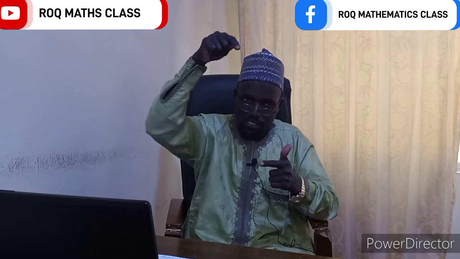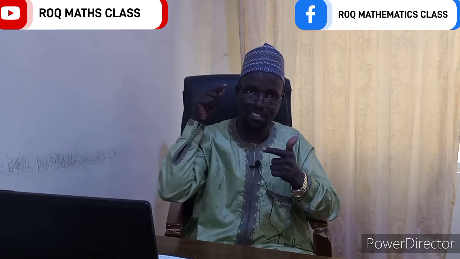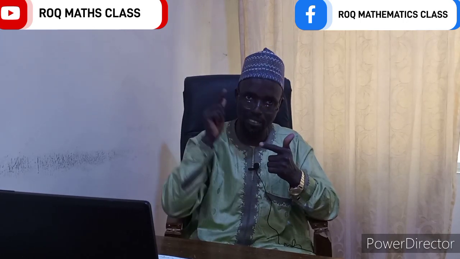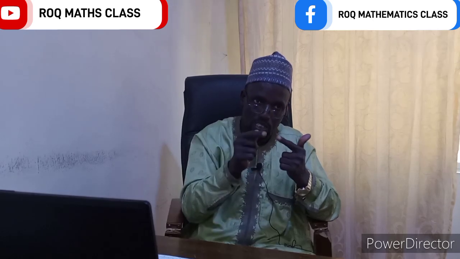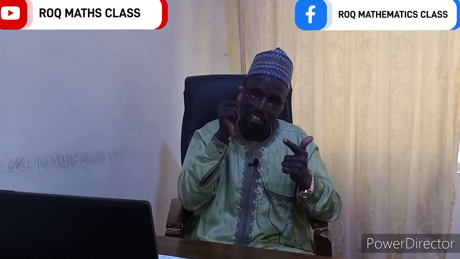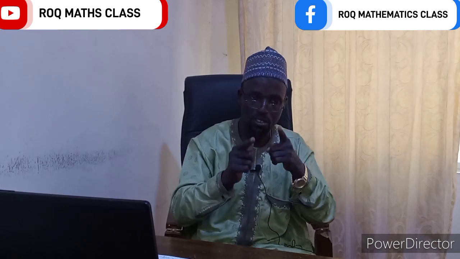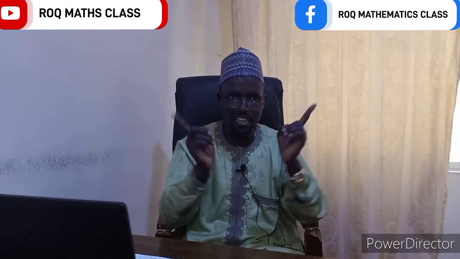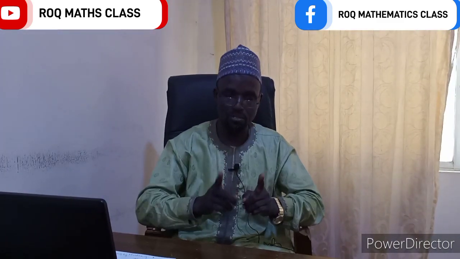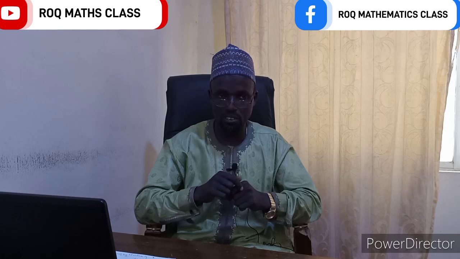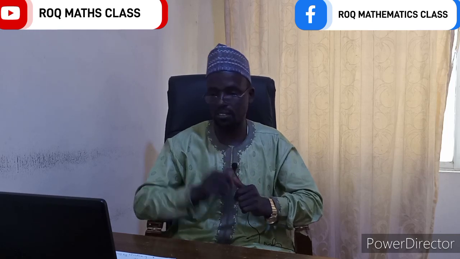So you must face the Qibla either at the east, if the Qibla is at the east, or at the north, if the direction of the Qibla from your position is at the north, or at the west, or at any other direction where that particular Qibla is stated. So that is one of the mathematical concepts found in Salat.